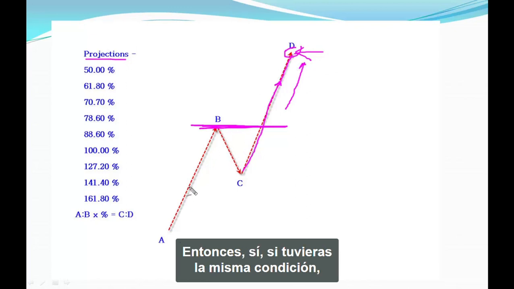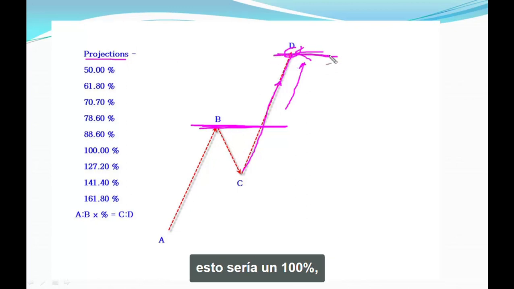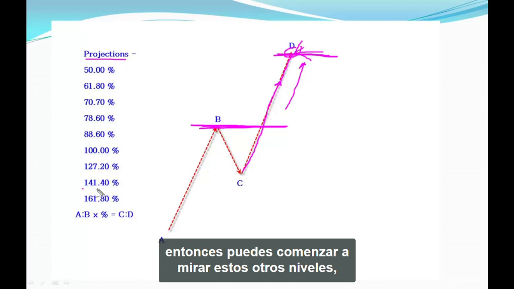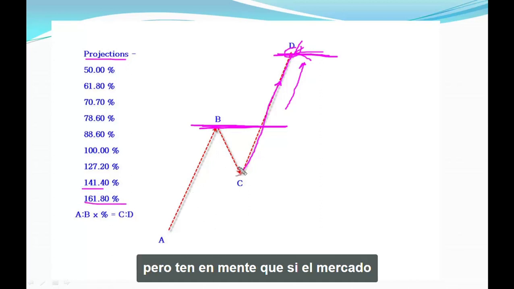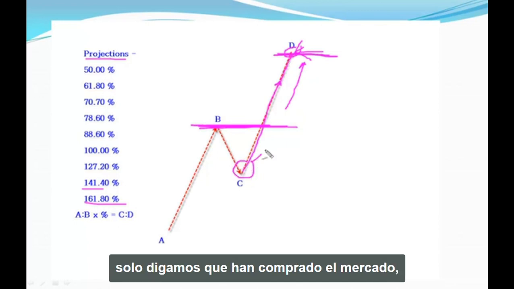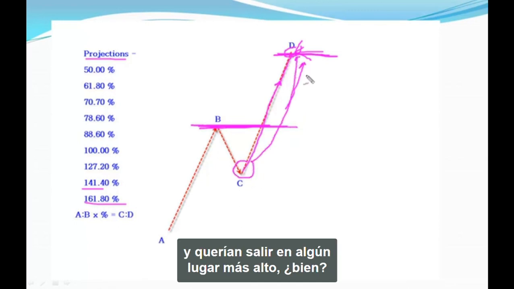So yes, if you had the same condition, this would be 100%. That's typically where you would first want to look. Once it starts exceeding that, then you can start looking at these other levels. But keep in mind, if the market is at a new all-time high level, you don't want to fade that. You're just using these projections as areas. Let's just say you bought the market and you wanted to get out someplace higher.